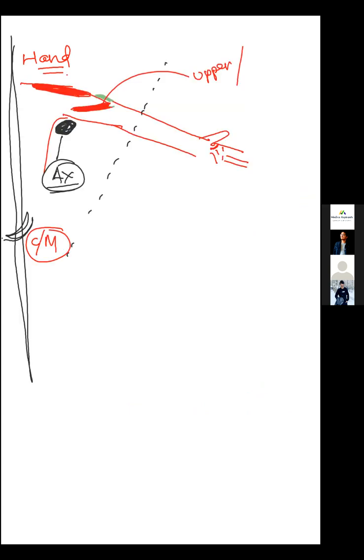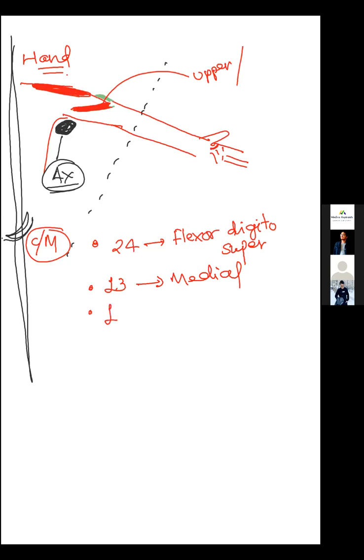These numbers you have to keep in mind. 24: from the muscle point of view, flexor digitorum superficialis. 13: that is medial. When we ask about one finger, that is longus.